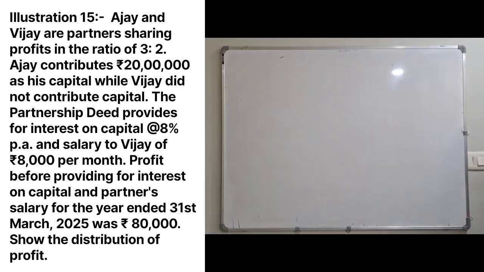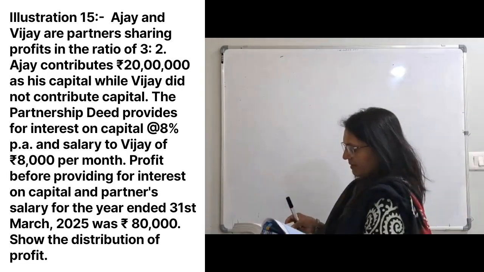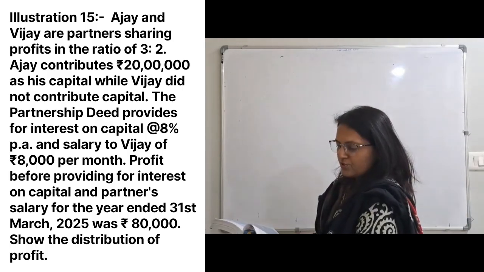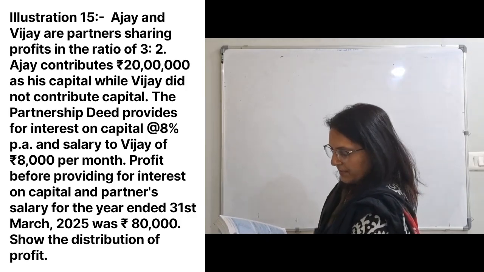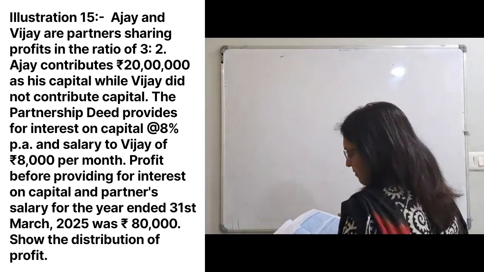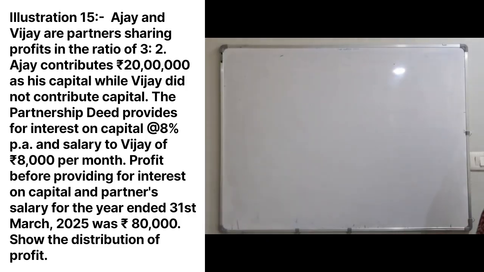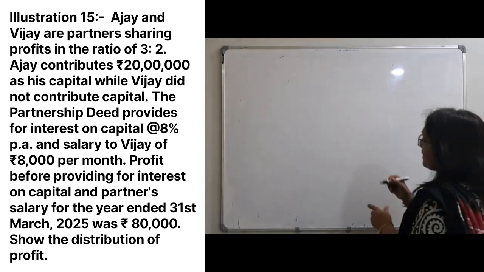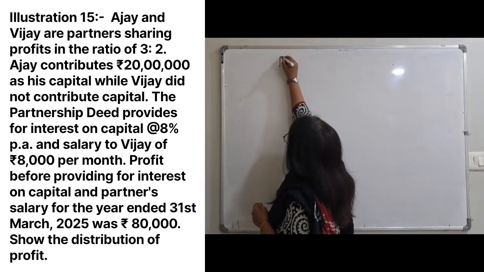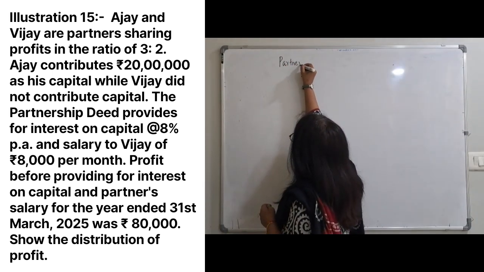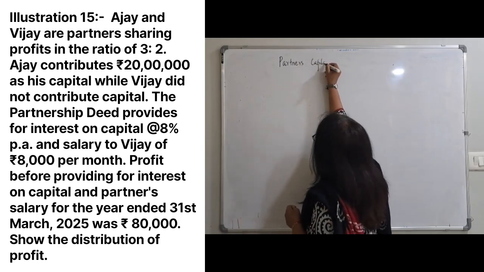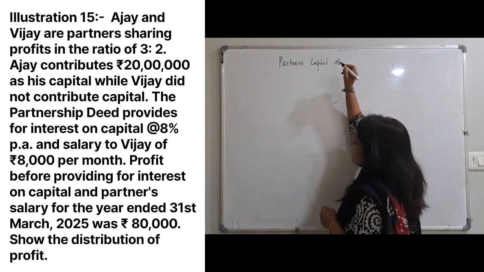Let's not do the illustration first. We will do this. Partners' capital account under fixed partners' capital account.